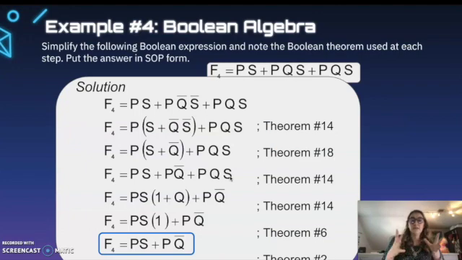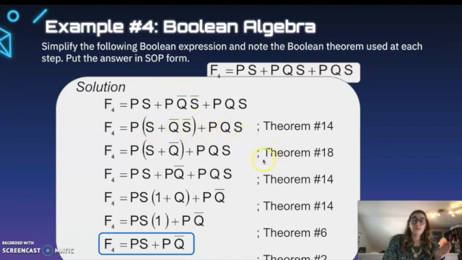So here is another example. This one is, again, walking us through. This expression is PS or PQ'S' or PQS. My bad, the not lines got bumped off. We can start by applying theorem 14 to this. Then we end up with P(S or Q'S') or PQS.